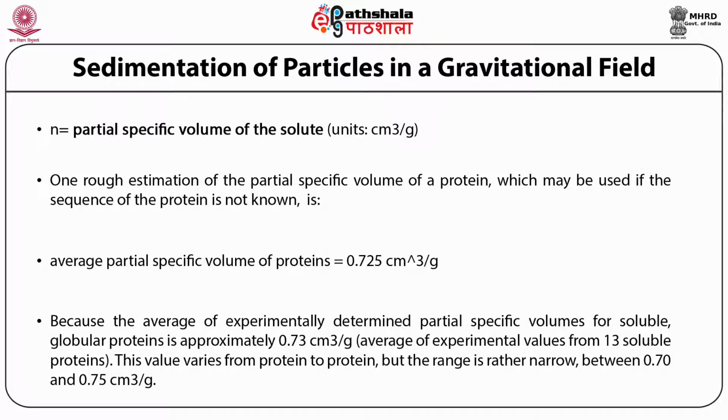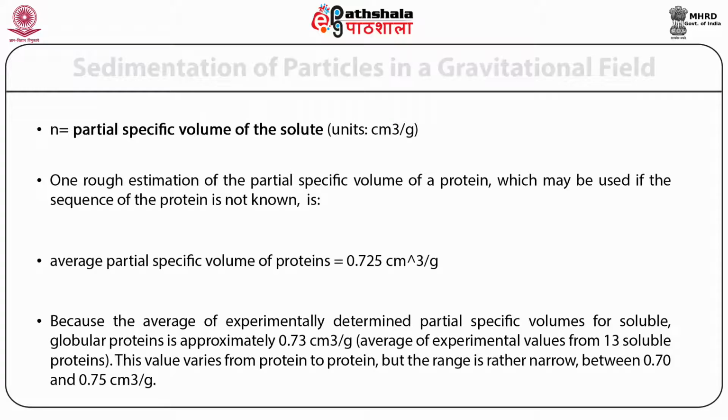This is the average of experimental values of 13 soluble proteins. This value varies from protein to protein, but the range is rather narrow, between 0.7 and 0.75. That's why we can take 0.725 as an average for the calculation of partial specific volume of a protein.